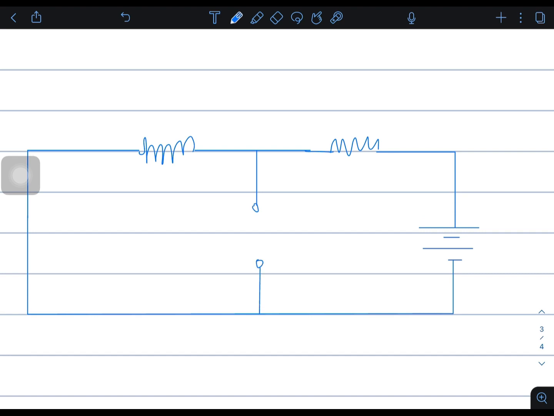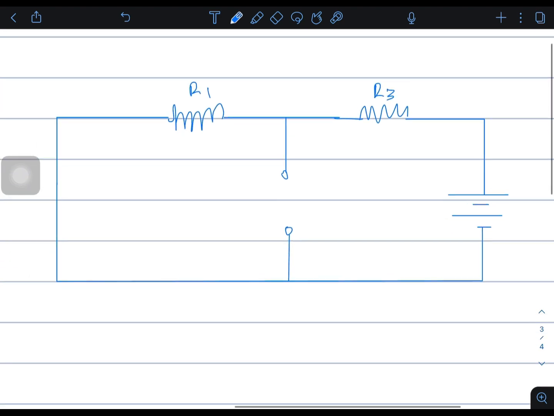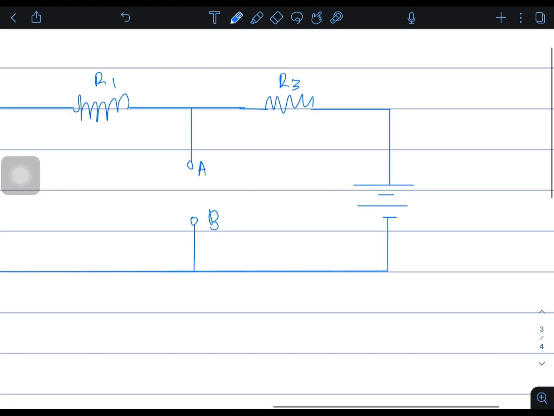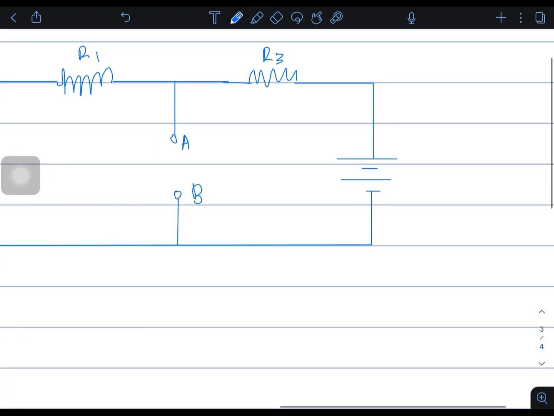This is R1. This is R3. This is terminal A, B. Now we want to find a Thevenin voltage due to V2.